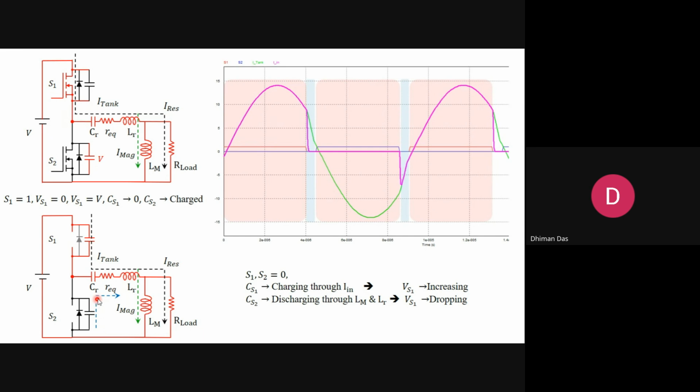So the bottom capacitor is going to discharge through this resonating network as well as the magnetizing current. So the voltage across this switch is going to drop and the voltage across this switch is going to increase. That means the top capacitor is charging and the bottom capacitor is discharging.